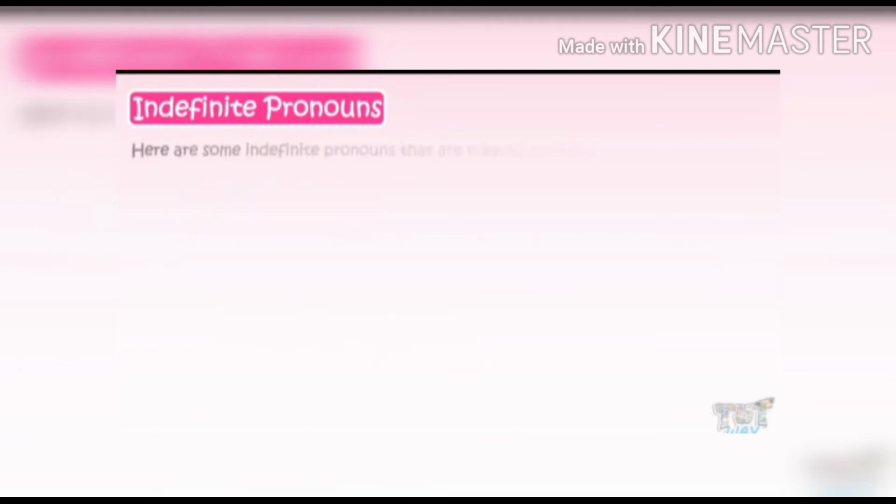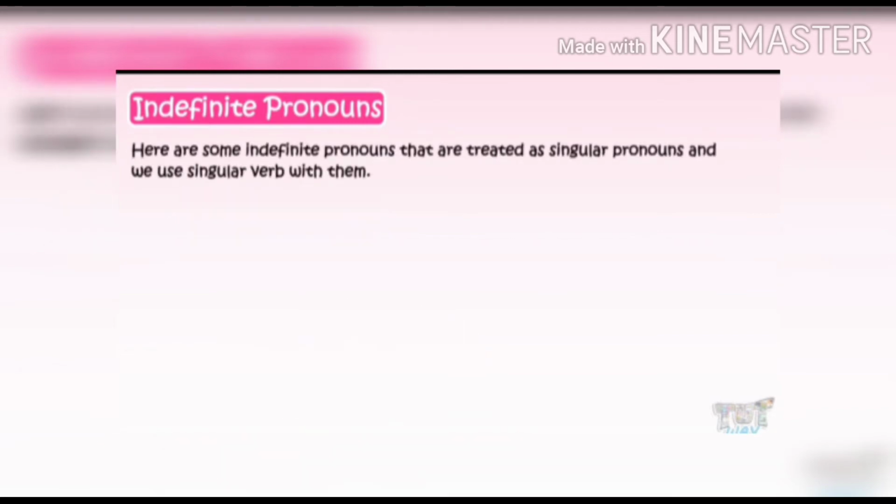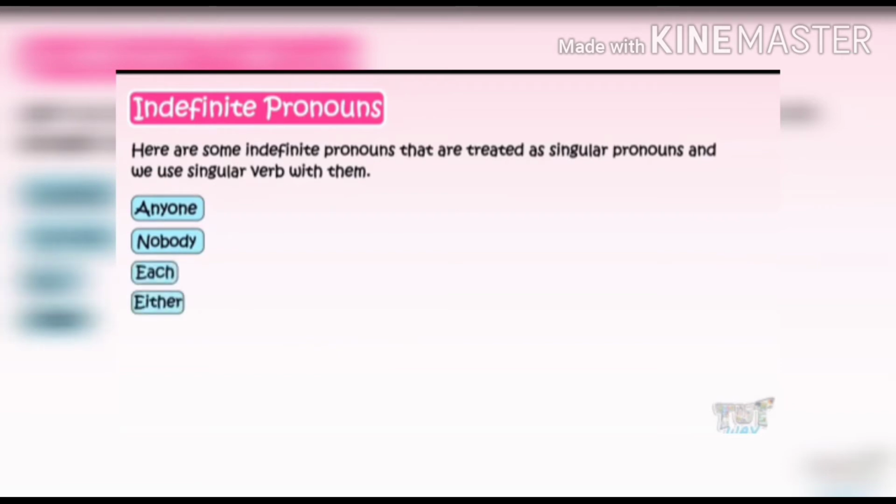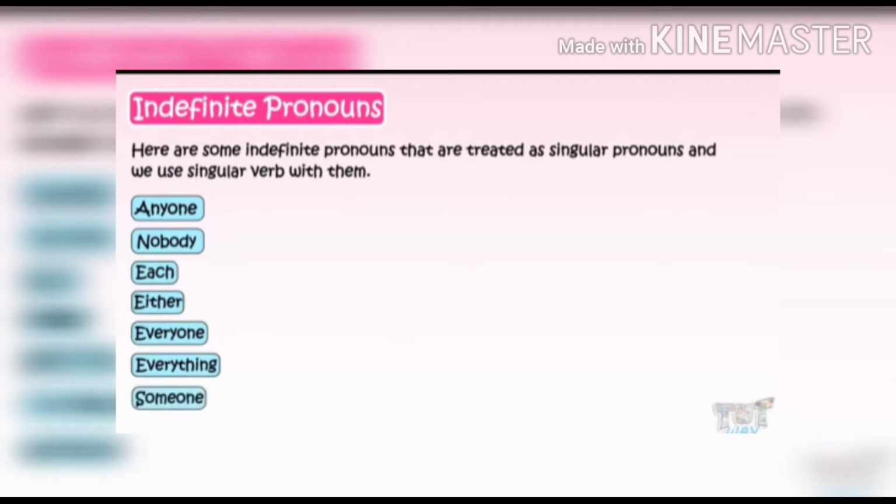Here are some indefinite pronouns that are treated as singular pronouns, and we use a singular verb with them. Anybody, nobody, each, either, everyone, everything, someone, etc. All these are indefinite pronouns that are treated as singular pronouns and always use a singular verb with them.